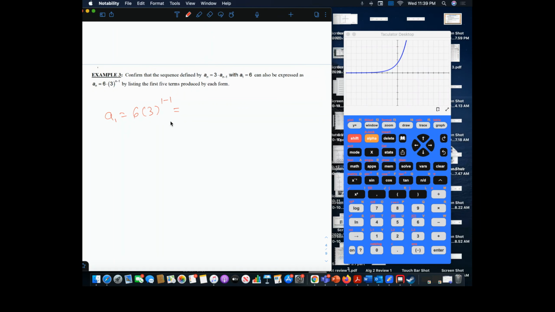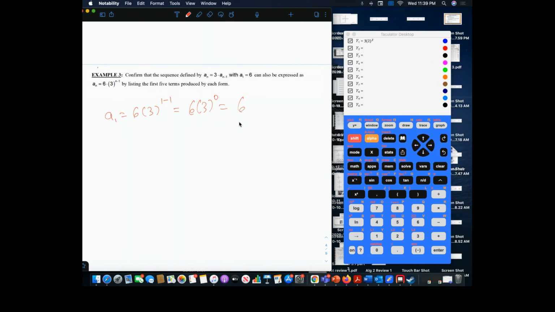Now, I can just go under y equals and type that in, but I'm just going to do it by hand for now because the numbers aren't too big. So the first one is just 6 times 3 to the 0. We know 3 to the 0 is 1, times 6 is 6. We're doing 3 to the 0 first, by the way, because of PEMDAS.